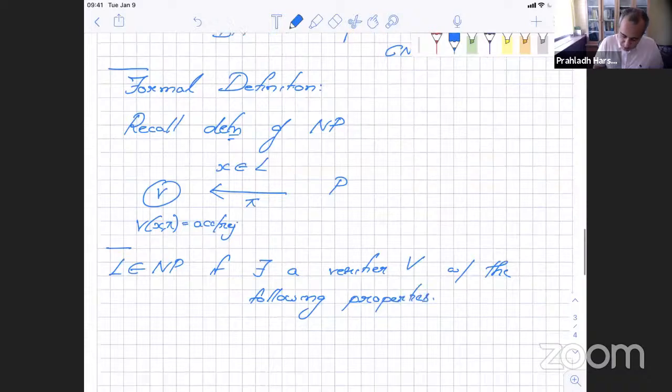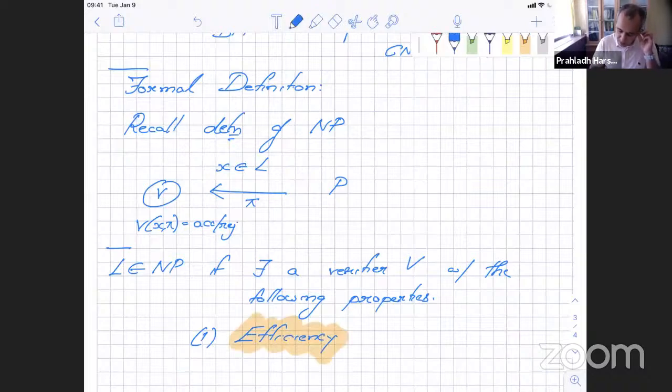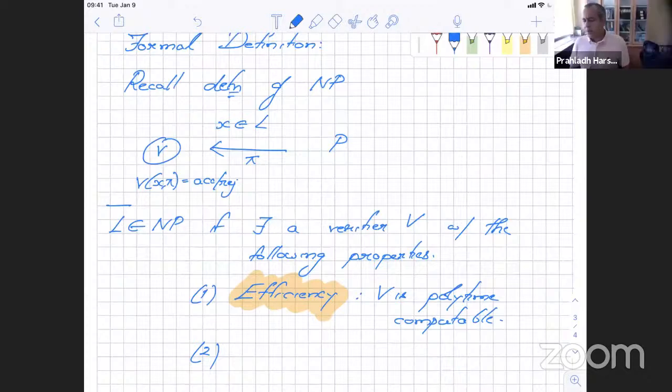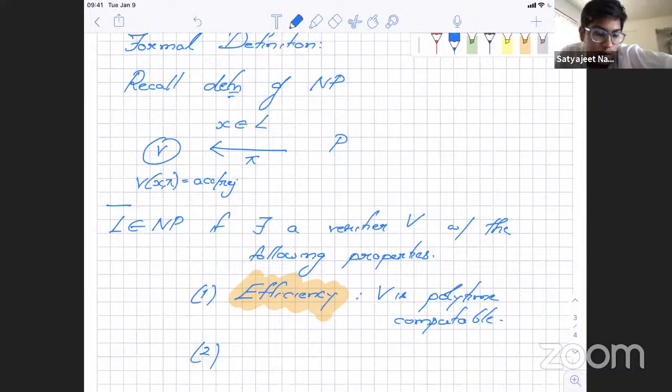The first property we want is efficiency of the verifier: V is a polytime computable machine. Also, pi isn't too long. This comes from the fact that V is polytime, because if pi is too long, we will not be able to read certain parts of it.